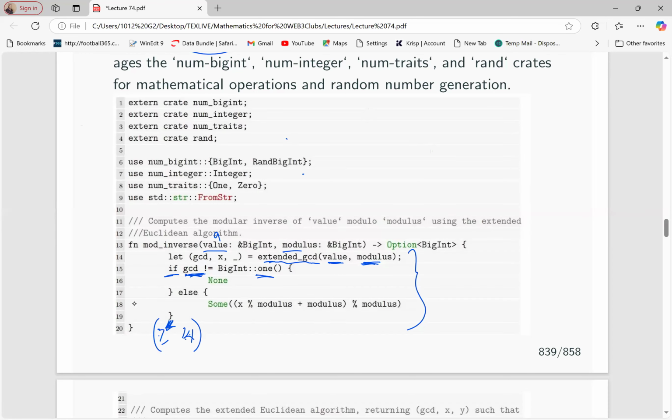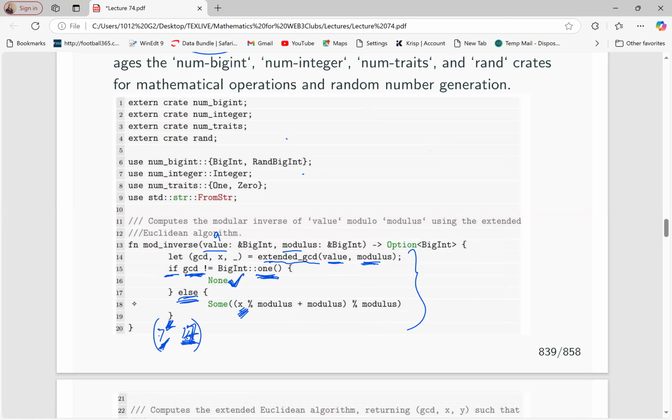It means this has no inverse mod 4. That's why it says, if the GCD is not equal to 1, then there is no inverse. That number has no inverse. Else, meaning that if the GCD is 1, then you'll get some value X as the inverse.